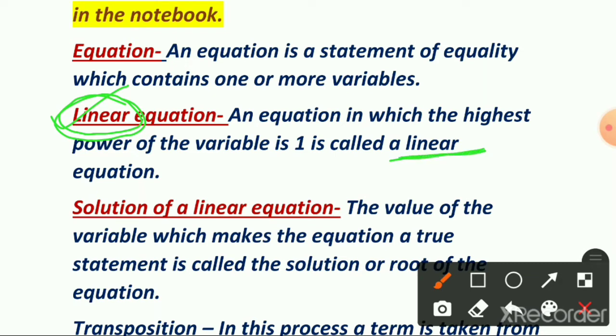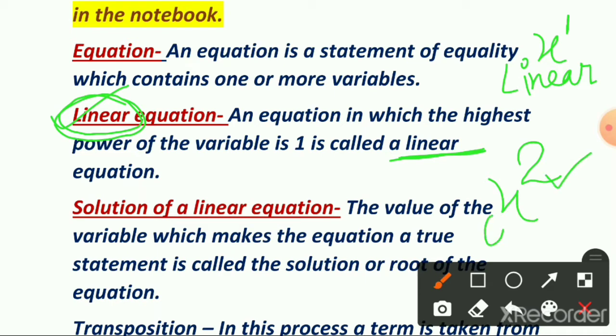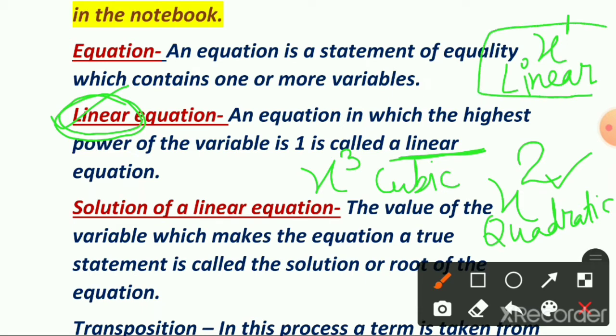If the variable has power 2, it is called quadratic. If x has power 1, we call it linear because its highest power is 1. If x has power 2, it is known as quadratic, and if the power is 3, it is known as cubic. In this chapter we study only variables with power 1, that is linear.